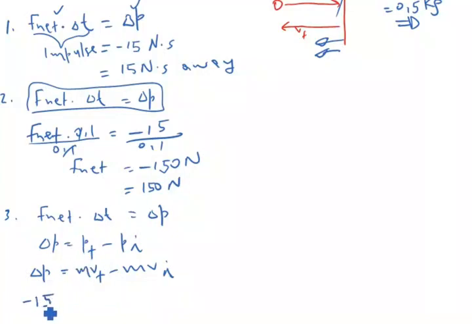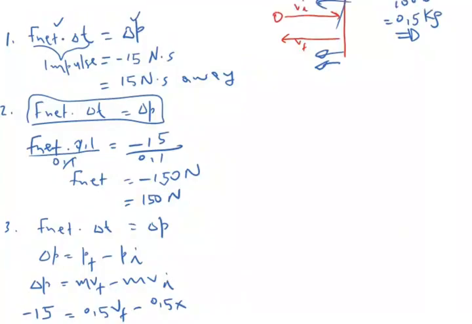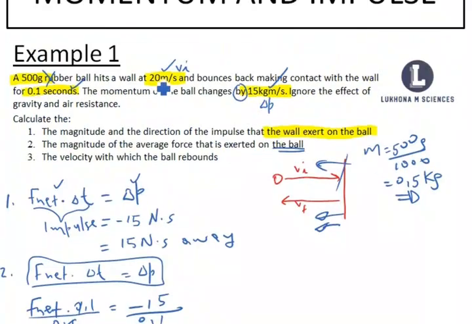So the change in momentum is negative 15, which is equal to the mass, 0.5, times the final velocity, minus the mass, 0.5, times the initial velocity. The initial velocity is 20 meters per second.